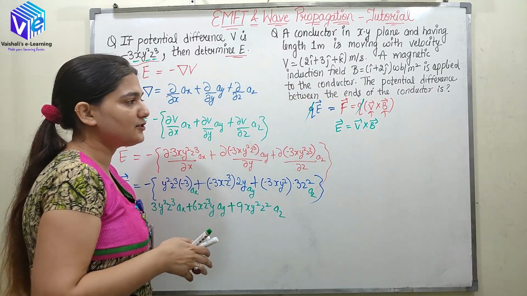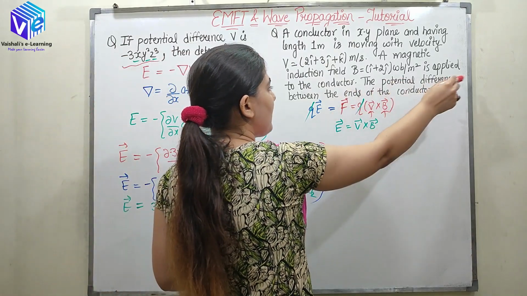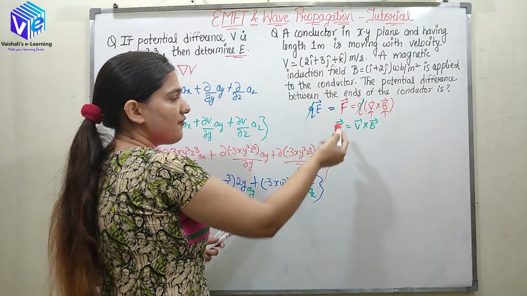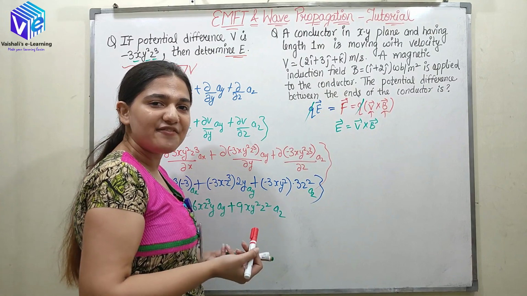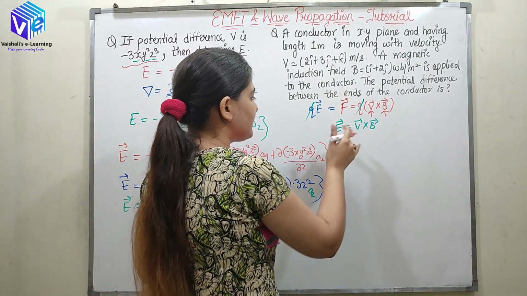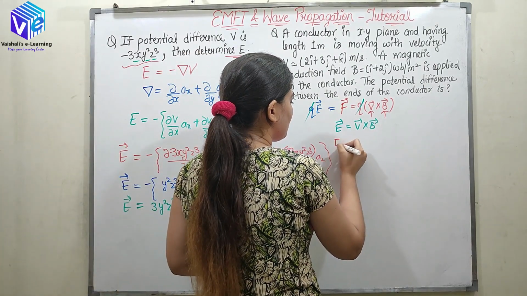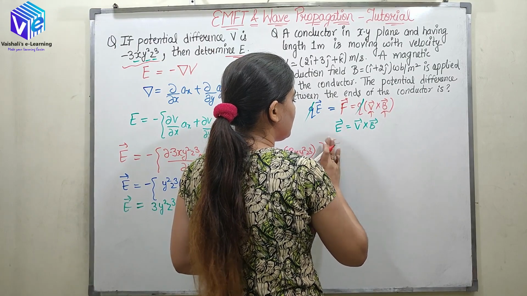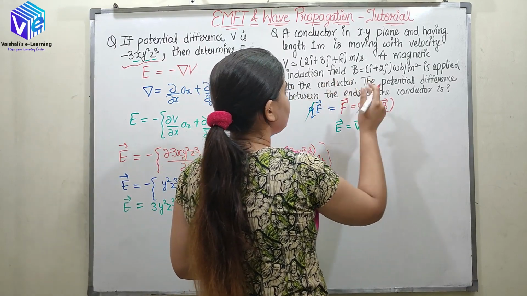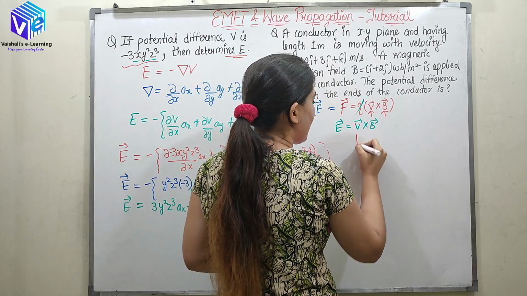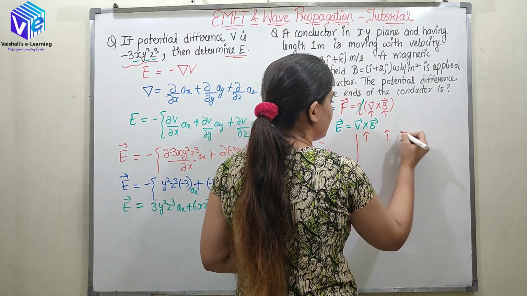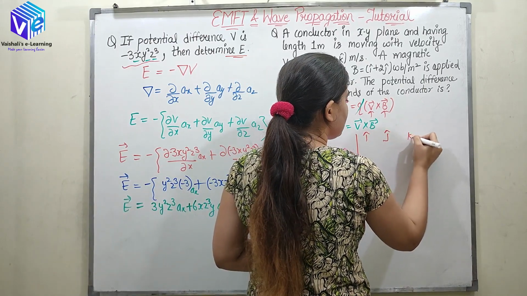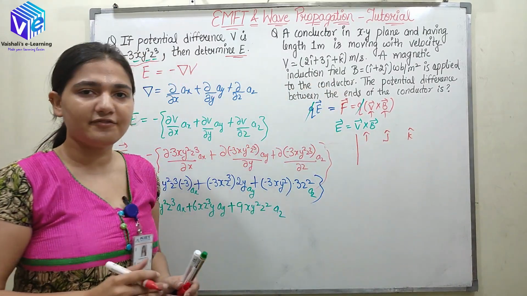Now I hope there is no confusion. I need to find out the potential difference. If I know E, I can easily find out potential difference. So let's find out E first. So E is V cross B. What is V? V is 2i plus 3j plus k. So to find the cross product, I'll take i, j, k, the unit vectors, in the first row.